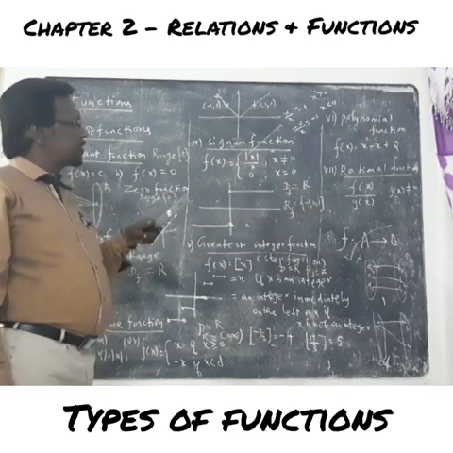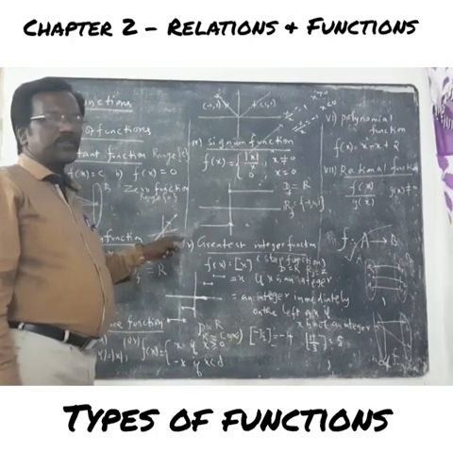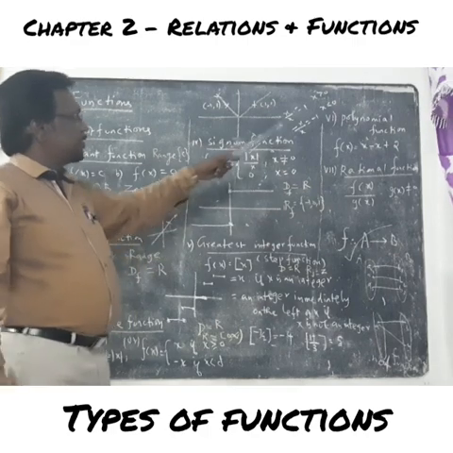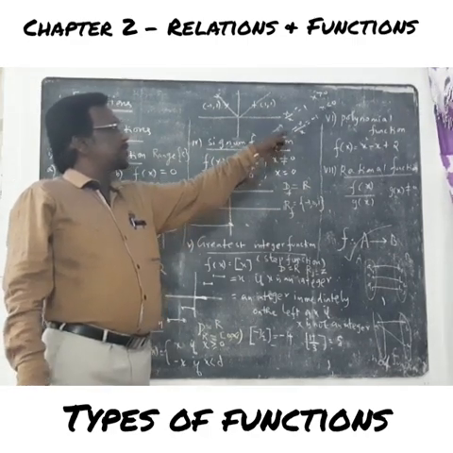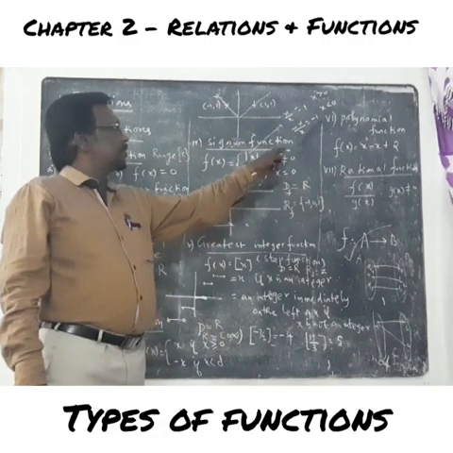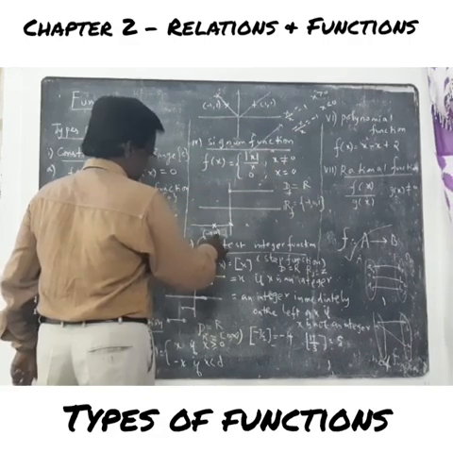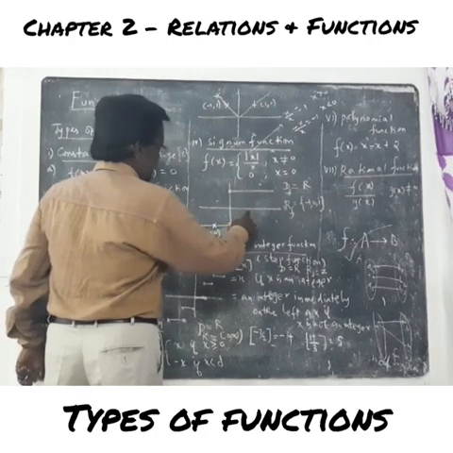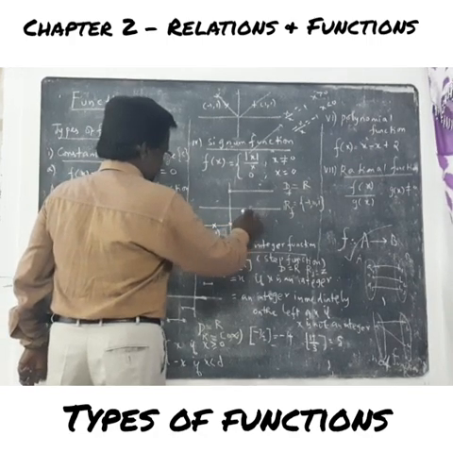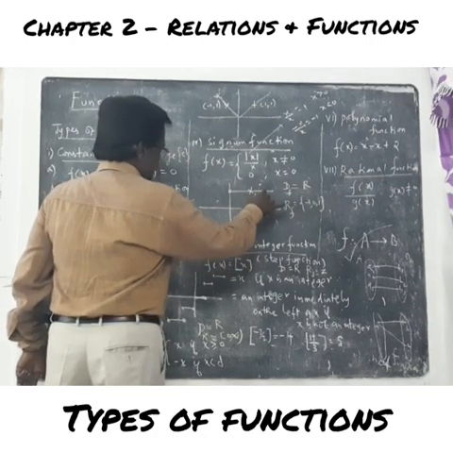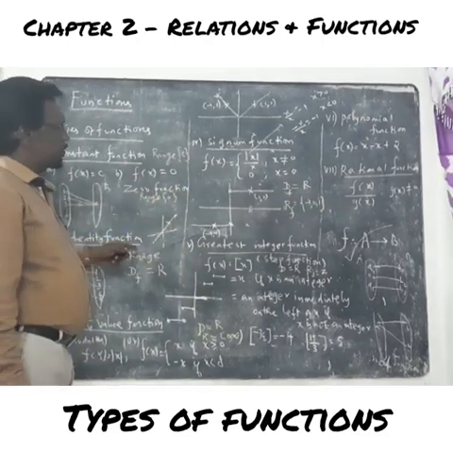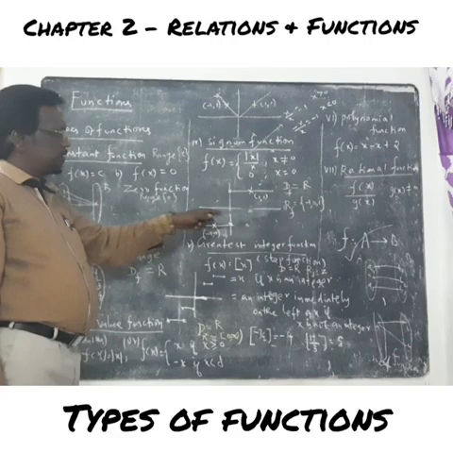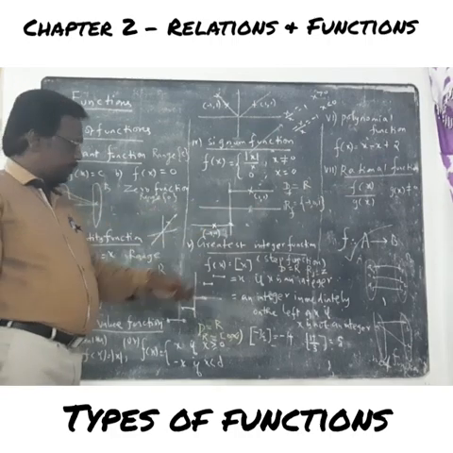If you take x equal to minus 1, x is less than 0, so for x less than 0, the value of f of x is minus 1. Similarly, if you take x equal to 1, we get 1. So 0 gives 0. This is the signum function. The range set is minus 1, 0, 1.